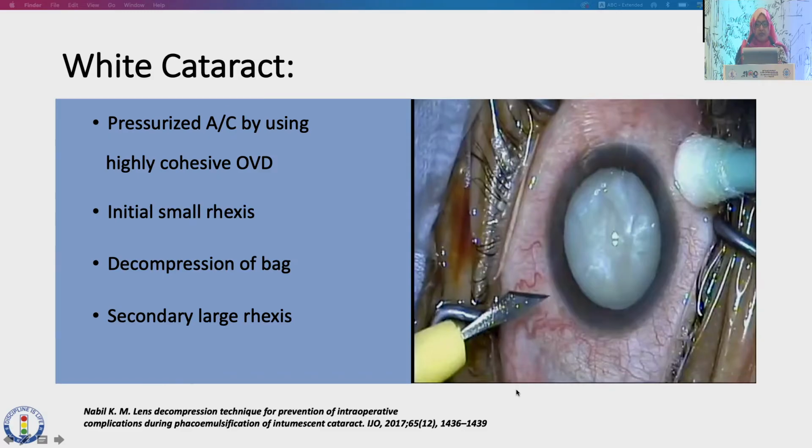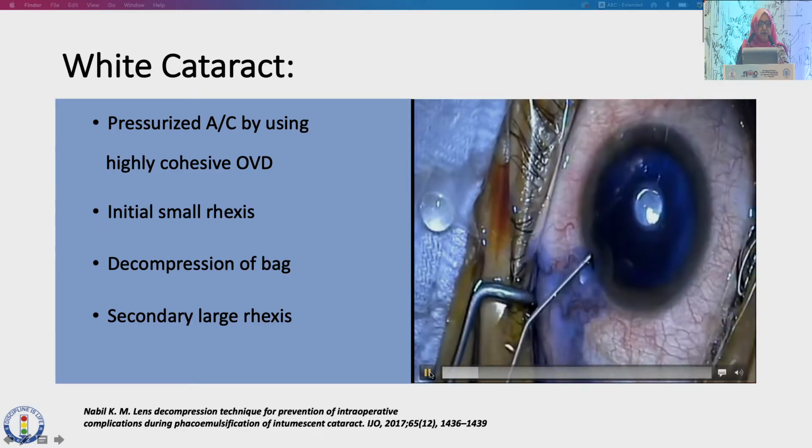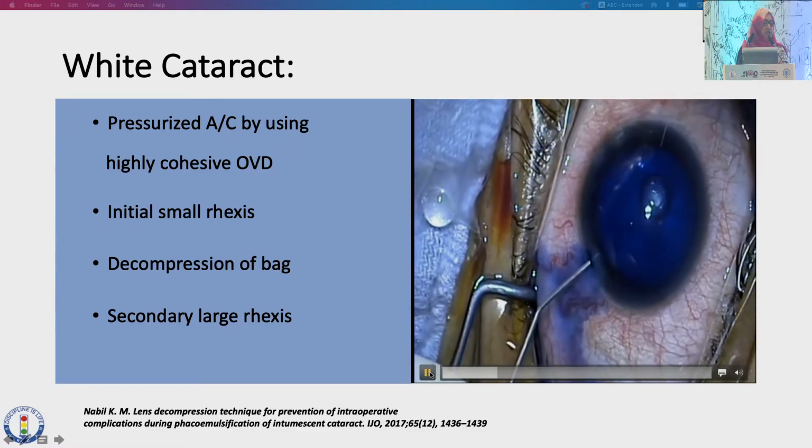Now come to white cataract. We know intralenticular pressure is high in case of white cataract, so a surgical technique is recommended to minimize the risk of radial extension of the anterior capsule. At first we have to flatten the capsule by using highly cohesive OVD.